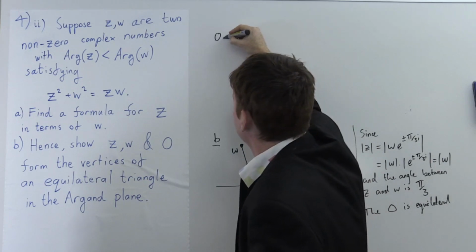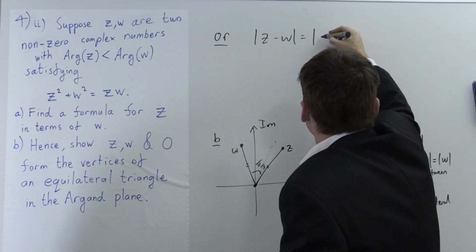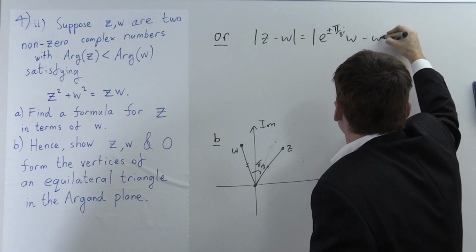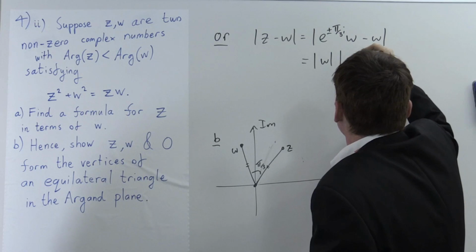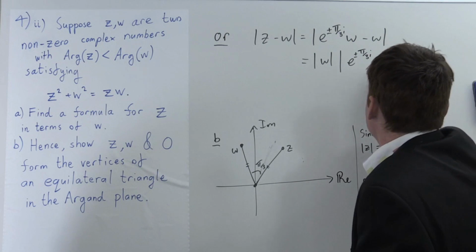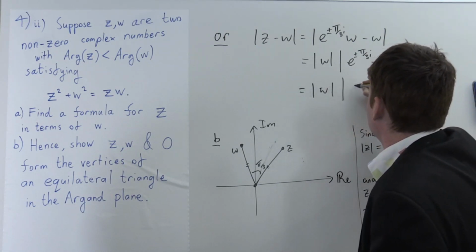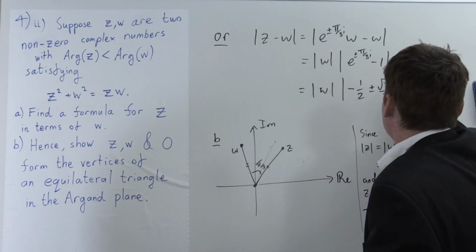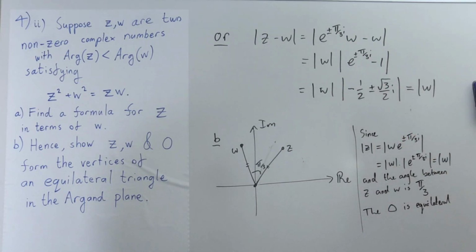So say length z minus w, you take a common factor of w out, and this just ends up being mod w times the length of minus 1/2 plus or minus root 3i over 2, which is again a complex number of modulus 1, so this is just the length of w again.